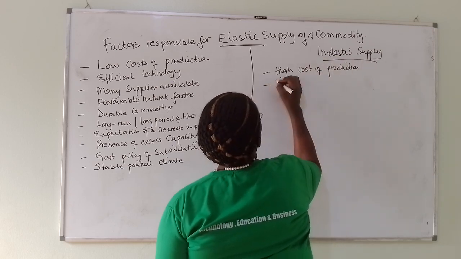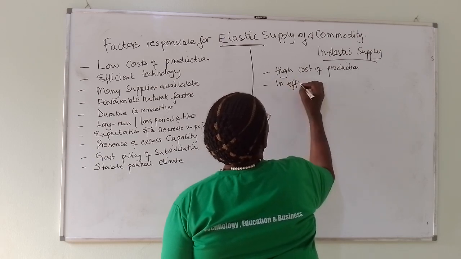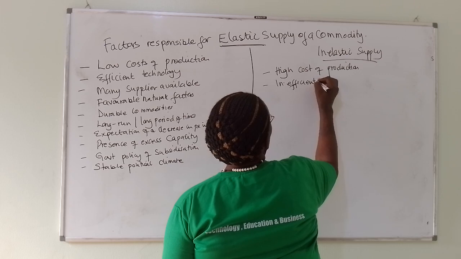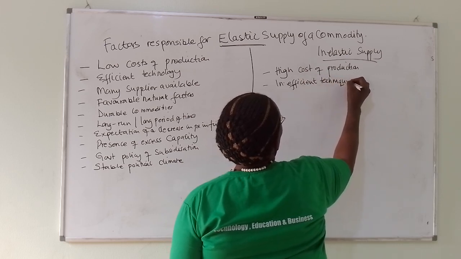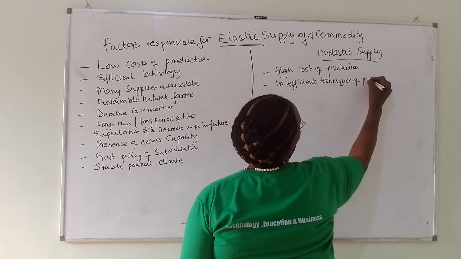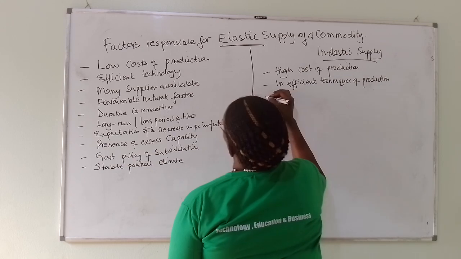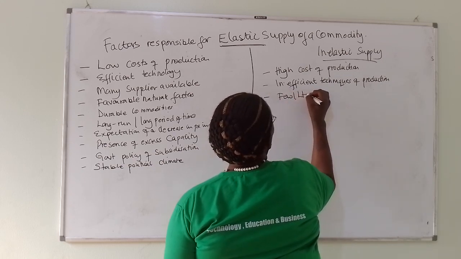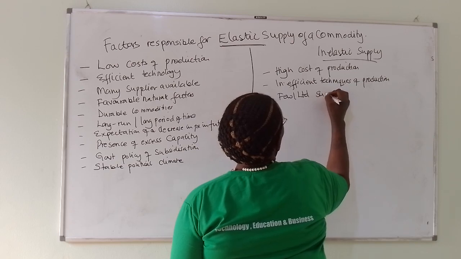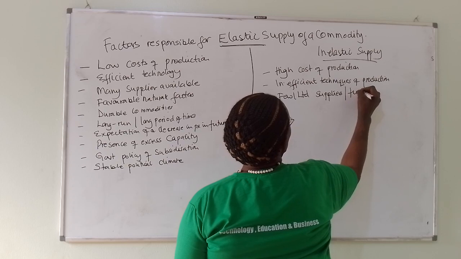Then inefficient techniques of production. We also have few or limited suppliers or farms.